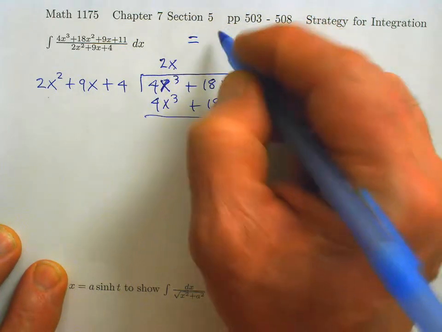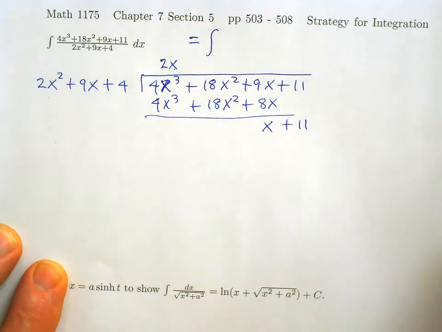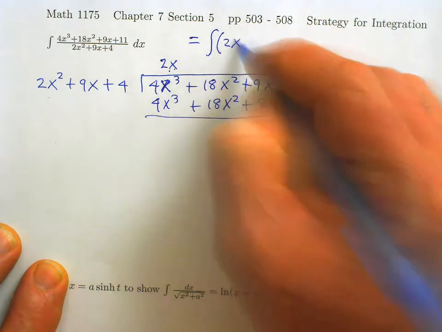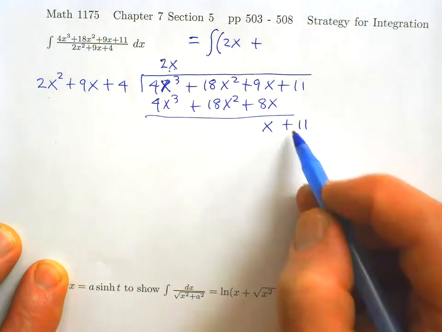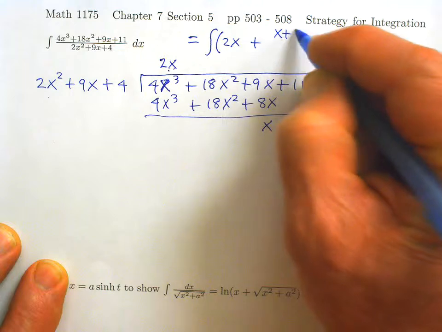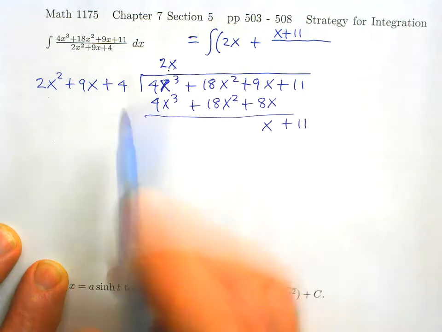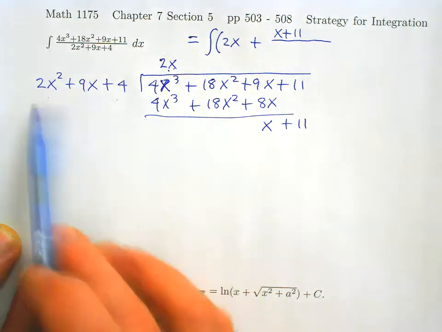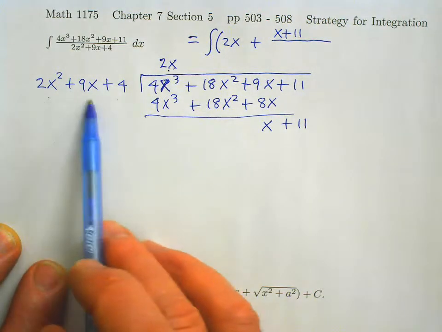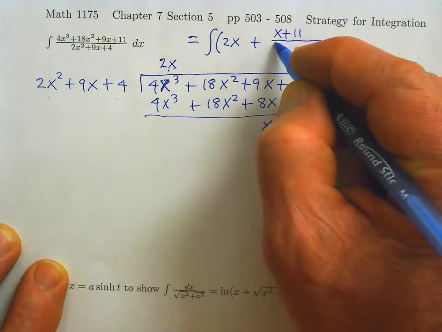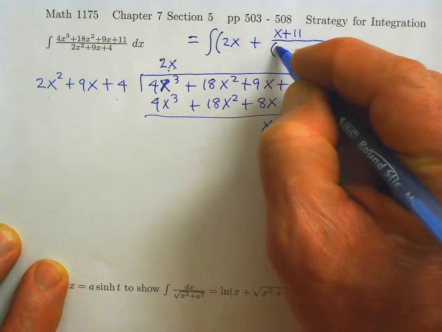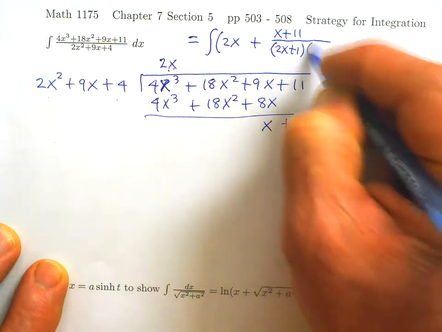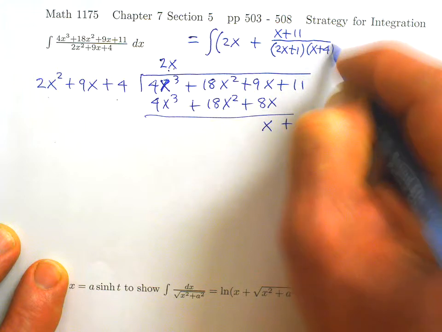So the indefinite integral becomes the indefinite integral of the quotient 2x plus the remainder x plus 11 divided by 2x squared plus 9x plus 4. But note that 2x squared plus 9x plus 4 is nicely factored to (2x plus 1) times (x plus 4), and then dx.